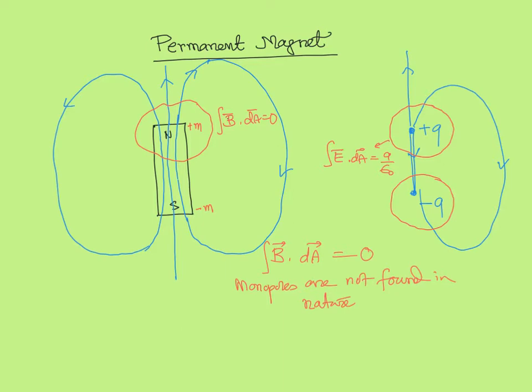Now, this is a permanent magnet. The question comes: what makes the magnetic lines of force like this near a bar magnet? We know it's true for a solenoid. If you have a solenoid, the case reminds us of it.